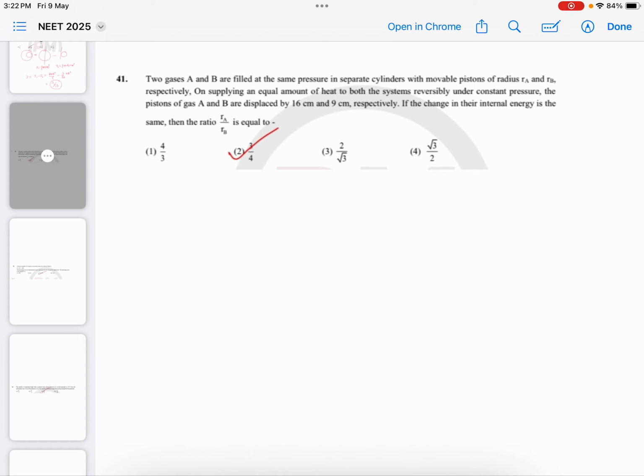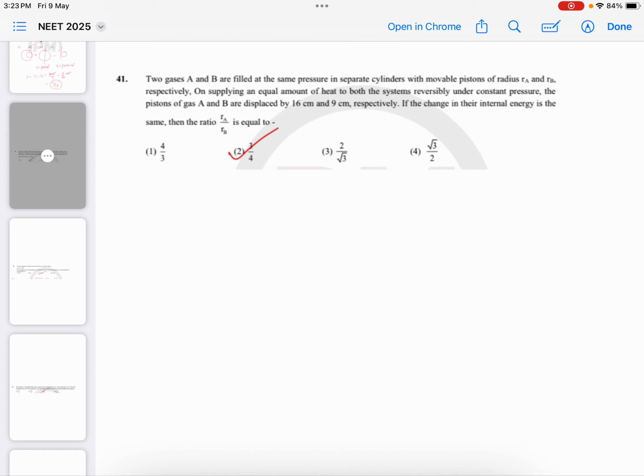On supplying an equal amount of heat to both systems reversibly under constant pressure, the pistons of gas A and gas B are displaced 16 and 9 centimeters respectively. The change in internal energy is the same. The ratio of RA divided by RB is?